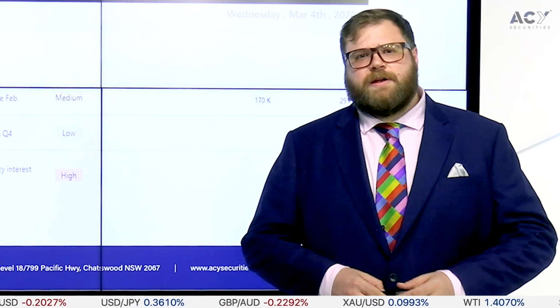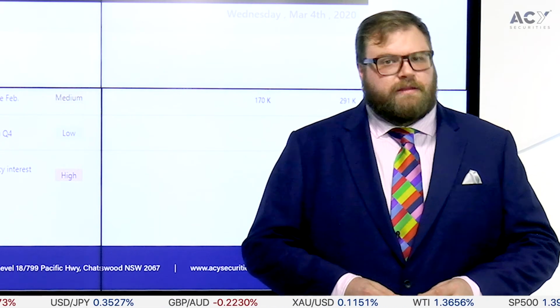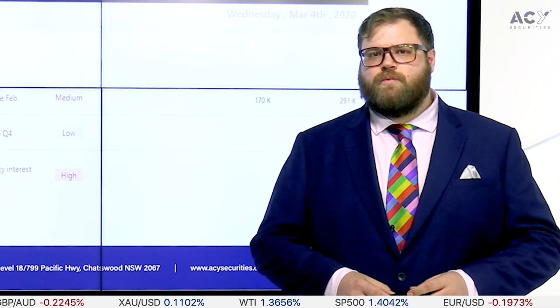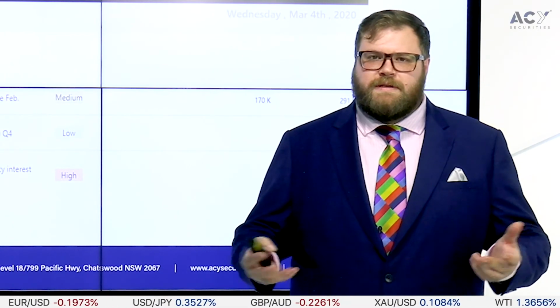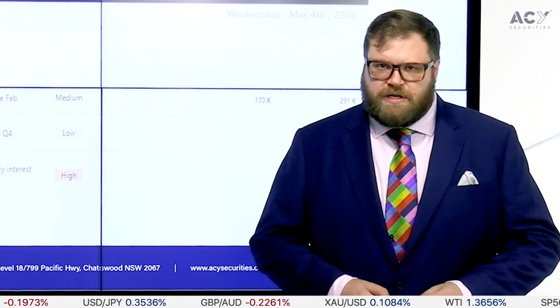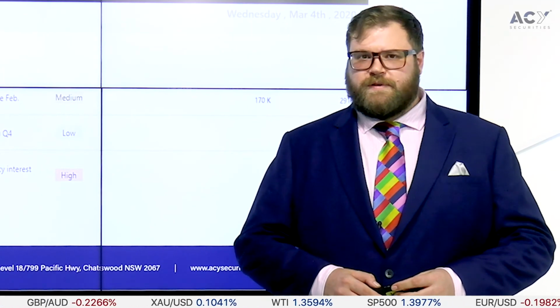We've seen Australia cut by 25, we've seen America cut by 50, and now we're expecting Canada to cut by 25 tonight, signifying that central banks are trying to work together a little bit in helping the economy out of this struggling situation. Considering the similarities between the Australian and Canadian economies, I feel that it's likely that it will follow suit, and the expectation is of that 25 basis point cut to go down to 1.5%.